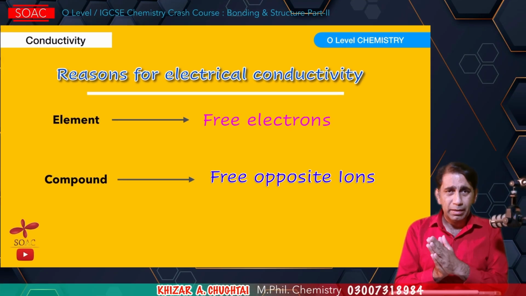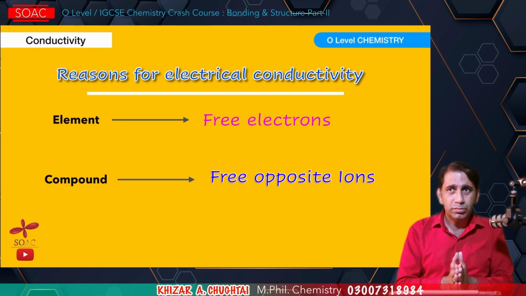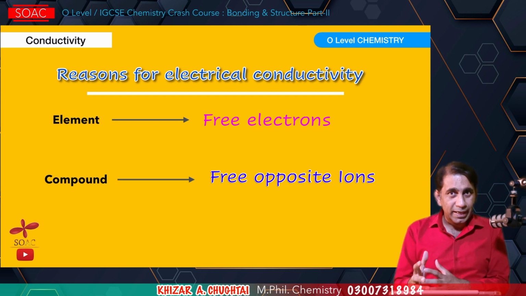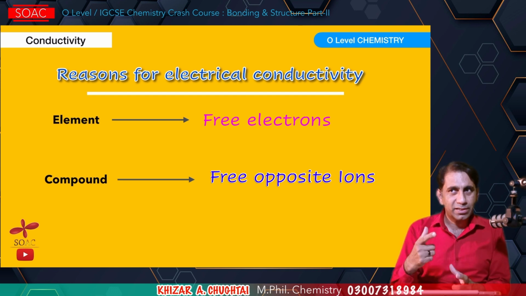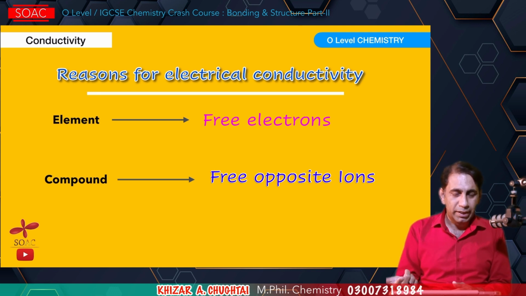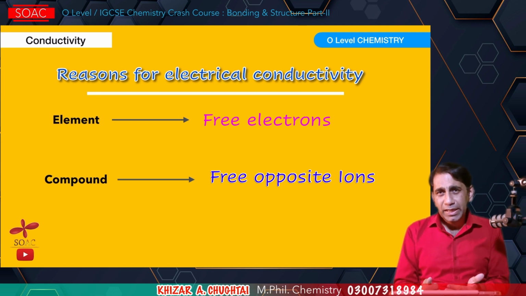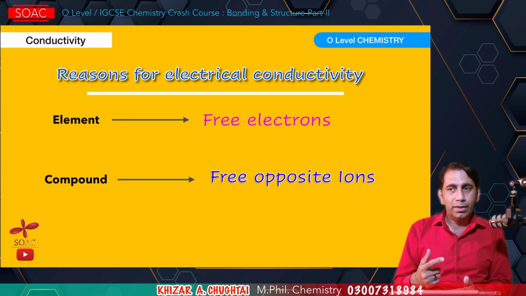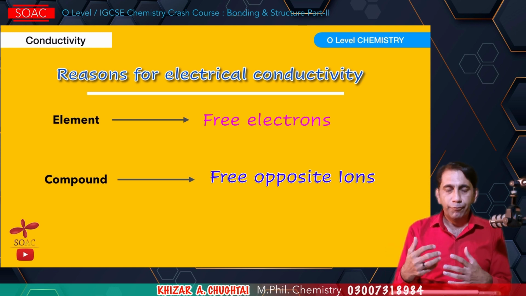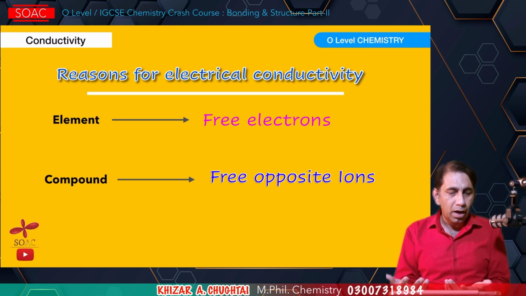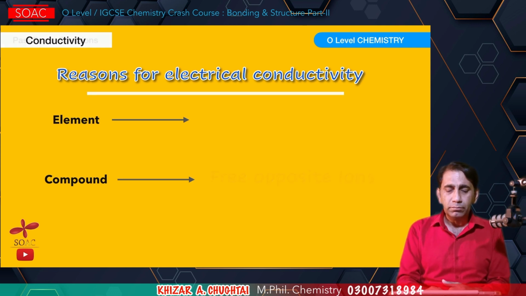If an element is present in the question and it is conducting electric current, simply speaking, it has free electrons, delocalized electrons. If a compound is capable of conducting electricity, then it has free moving opposite ions, free or mobile ions.